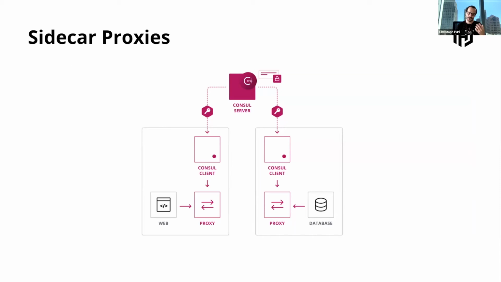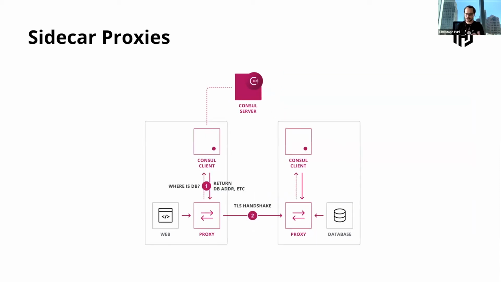And then once your service-to-service traffic starts flowing, the sidecar proxy will already know to which service endpoint to connect. It will have a list of service endpoints available. In this example, if you have multiple databases available, we will also have load balancing between those databases.